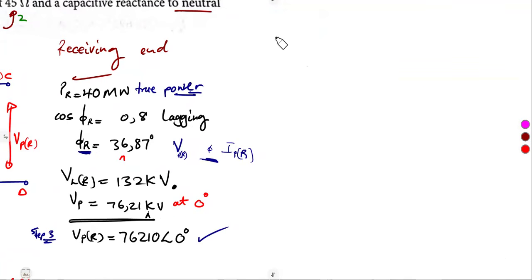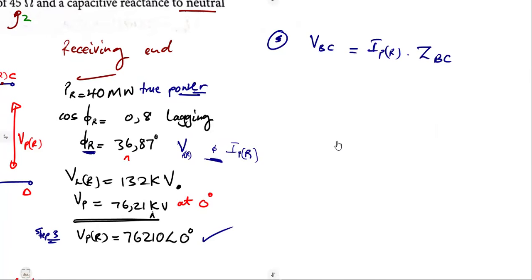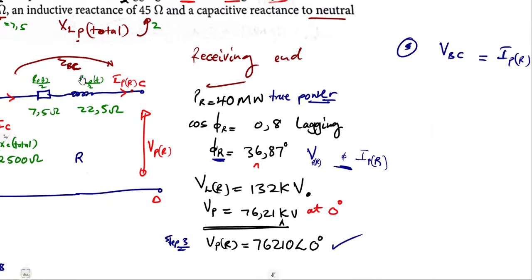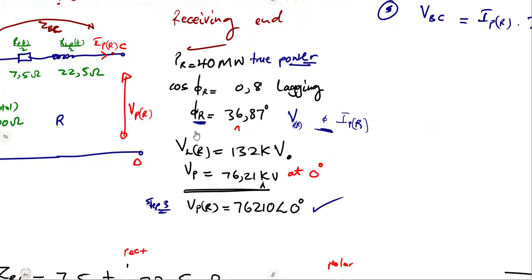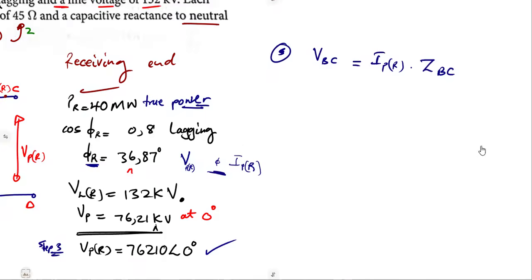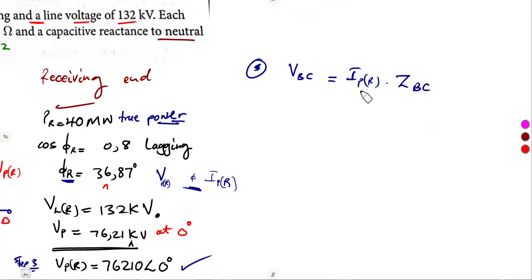On step 5, we are going to need VBC across the branch B and C. That is the current on the receiving end times the impedance across the points B and C. On the receiving end, the current is the one that we calculated, the phase value.